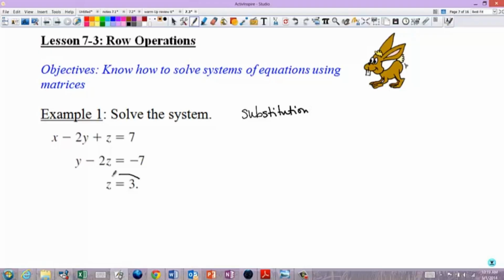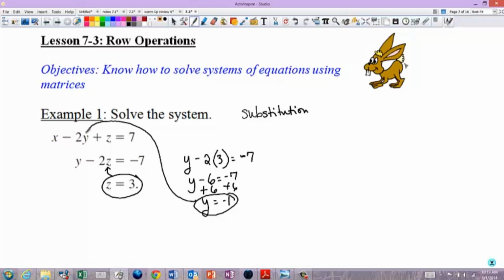So I'm going to take my 3 and I'm going to put it in right there. So I've got y minus 2 times z, z is 3, equals negative 7. So y minus 6 equals negative 7, add 6, y equals negative 1. So now I have z and I have y. Now I can take both of these and plug it in here.